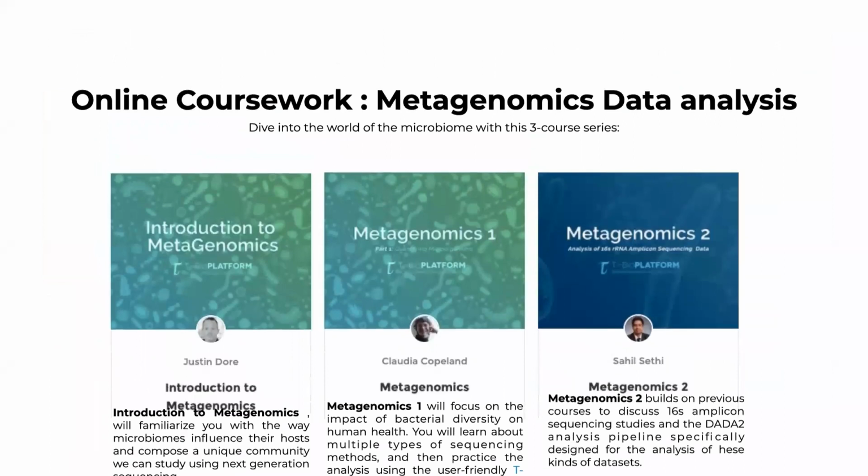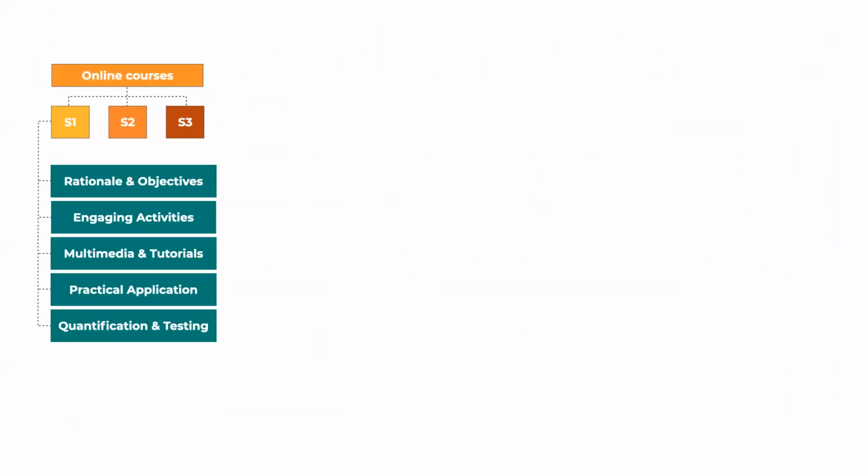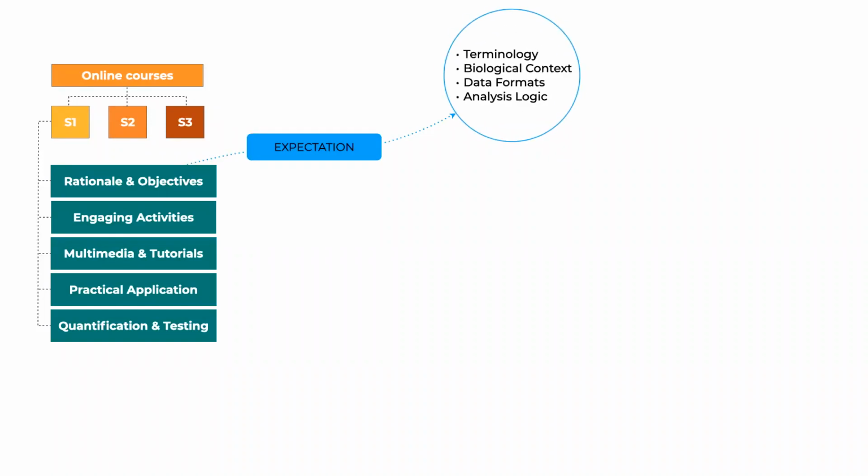Each one of the courses is organized in the following way. You have here expectations, so it's important to understand the terminology and the biological context, as well as different types of data formats and analysis logic that we will explore during this whole program.